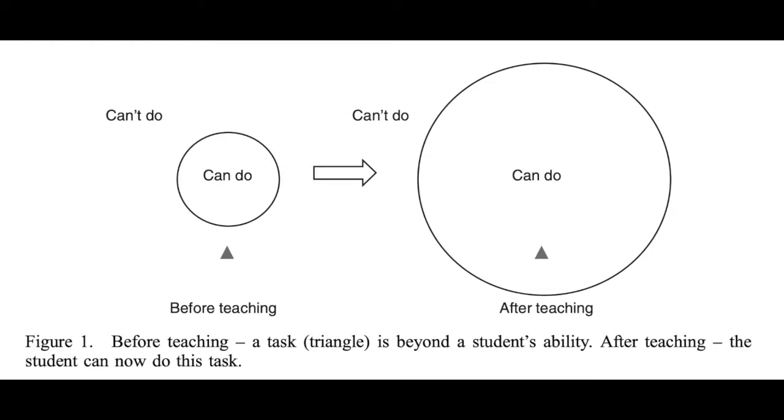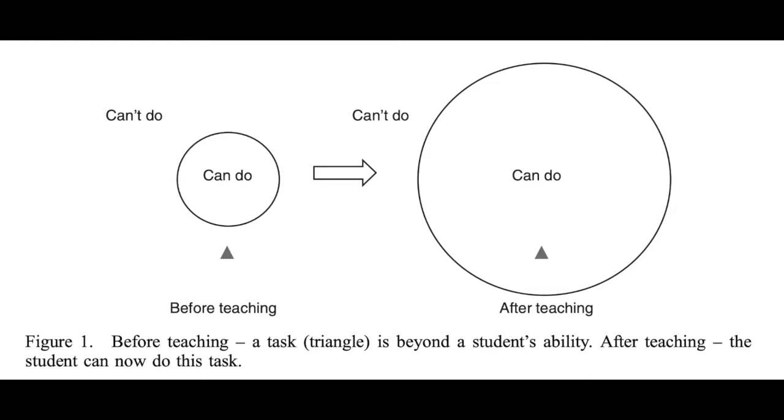This is what we're trying to do with teaching. On the left side, you have the student inside a circle. The circle represents everything that the student can do prior to teaching. Everything outside of that circle, the student can't do. It's too large a task, it's too complicated, whatever. And then underneath you see a triangle.